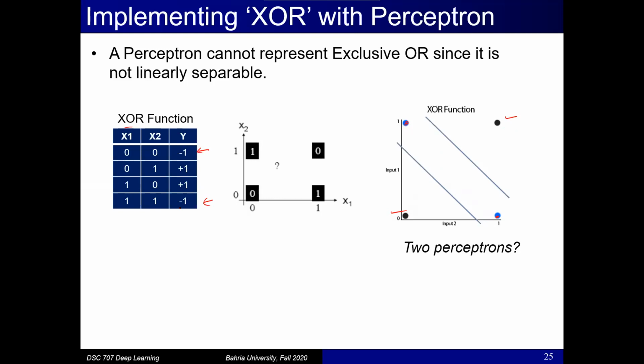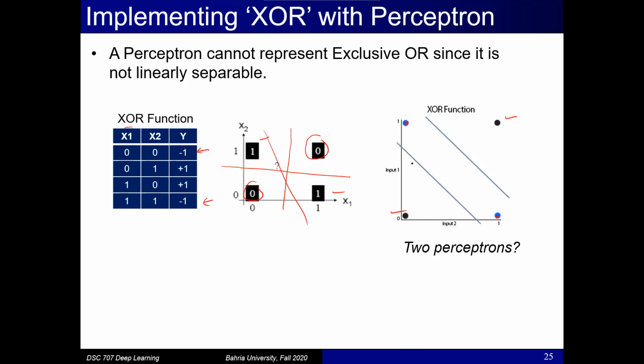Now you see, it is not possible for me to draw a straight line which can separate these ones from these zeros. If I draw like this, then it won't work, because 1 is here, 1 is here. If you try to draw a single line, that is not possible.